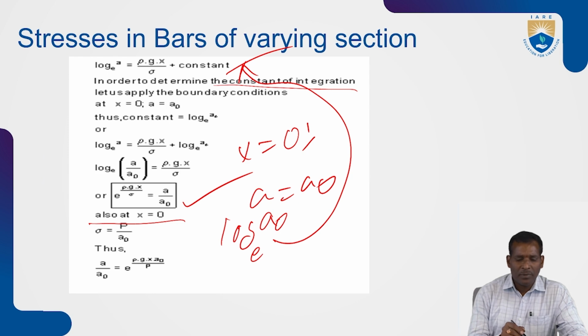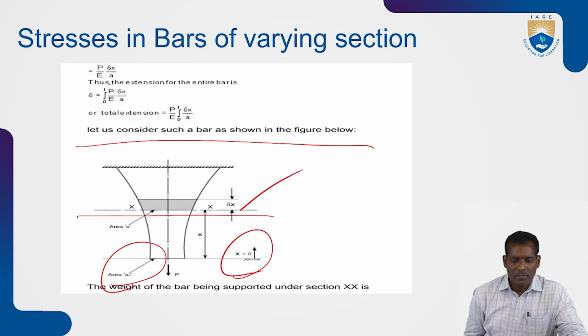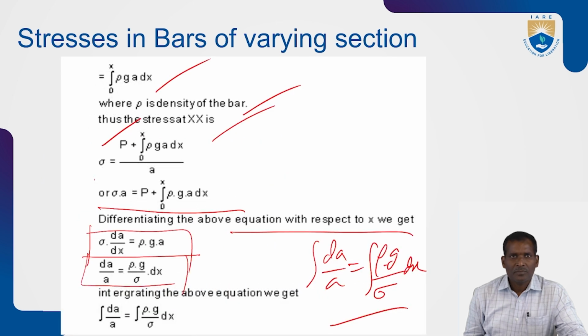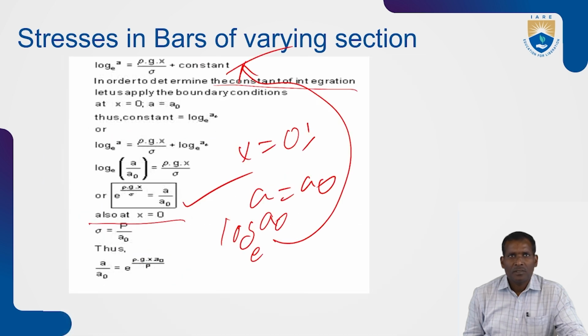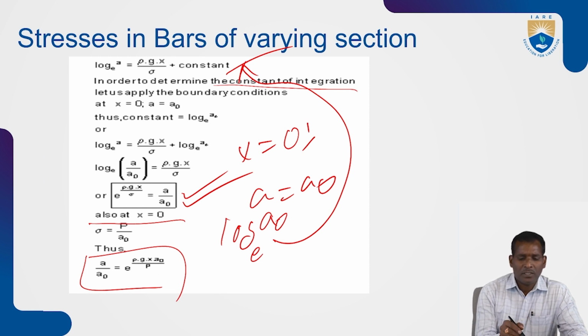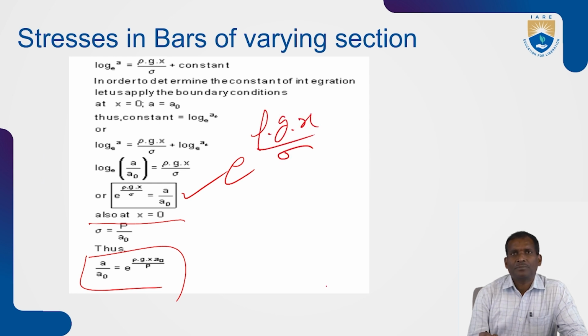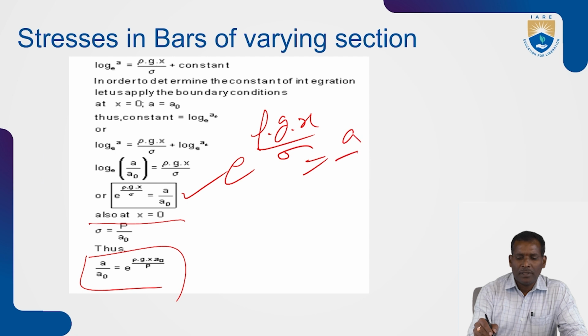Thus A by A naught is equal to e to the power of rho g x by sigma. The actual equation is e to the power of rho g x by sigma is equal to A by A naught.